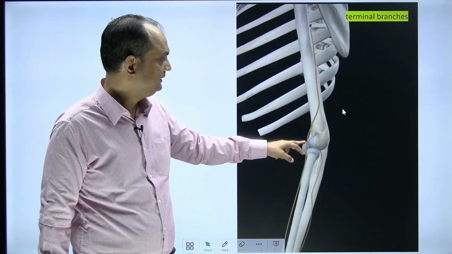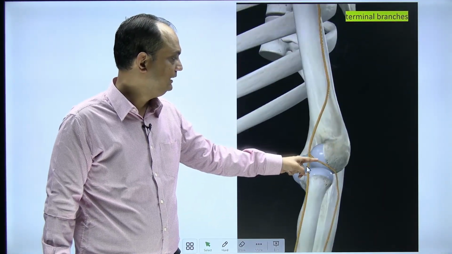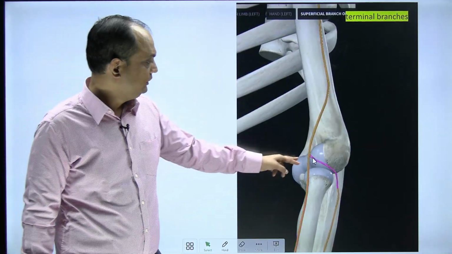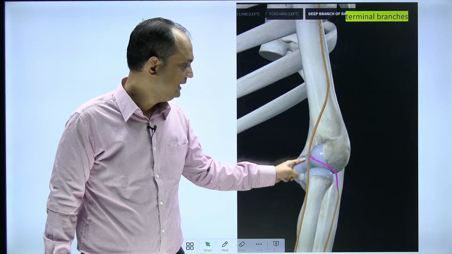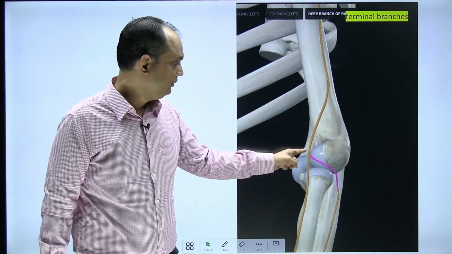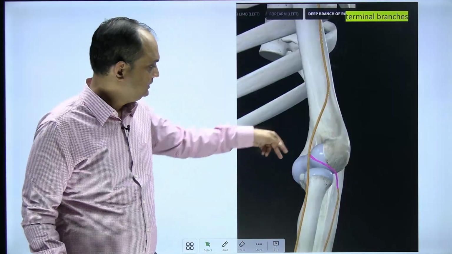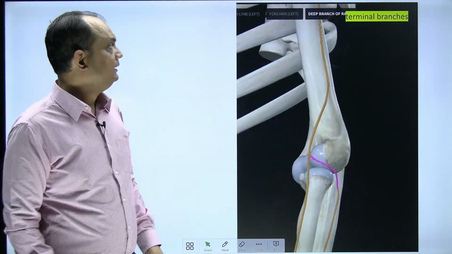Now you can see that this is your lateral epicondyle, and near the lateral epicondyle, this bony projection is known as capitulum. So in front of the capitulum, it is dividing into the posterior branch and the anterior branch, or you can say the superficial branch and the deep branch, and these branches will later on run into the forearm.